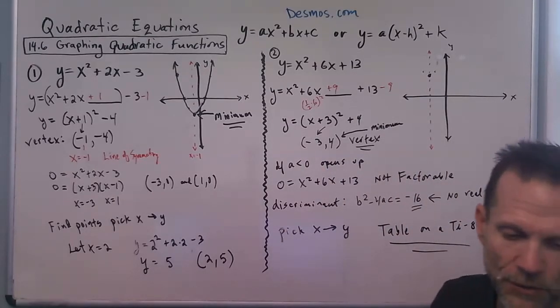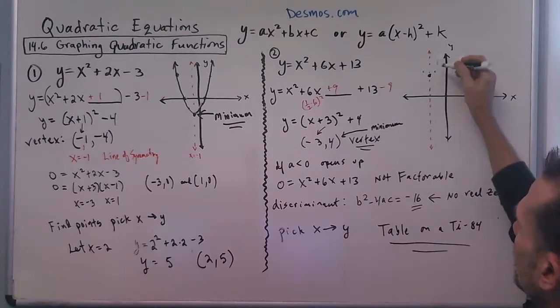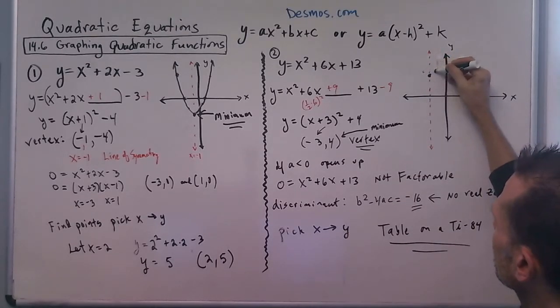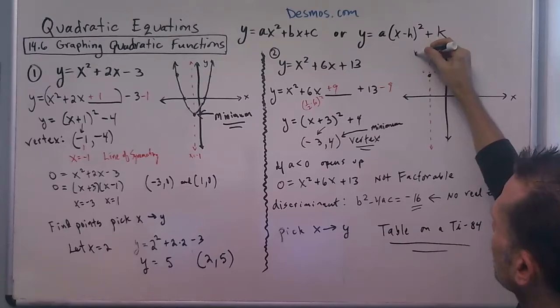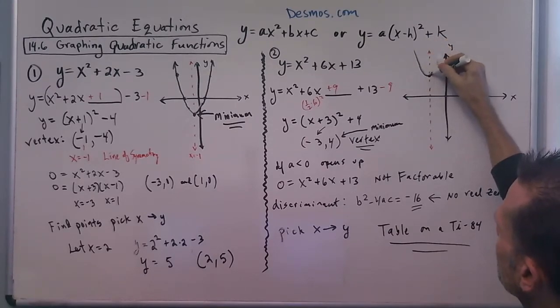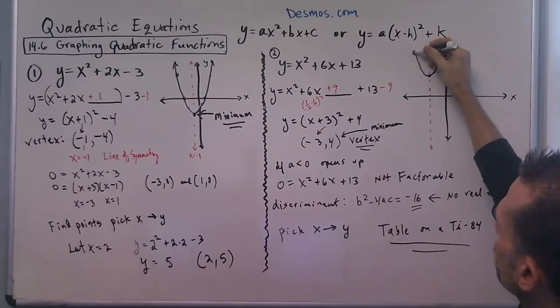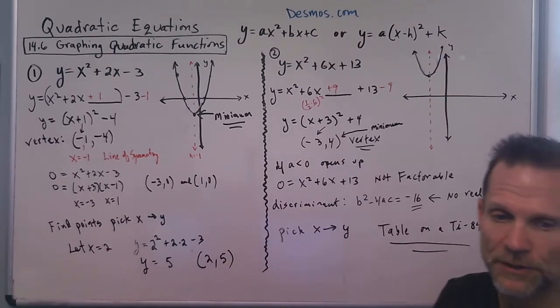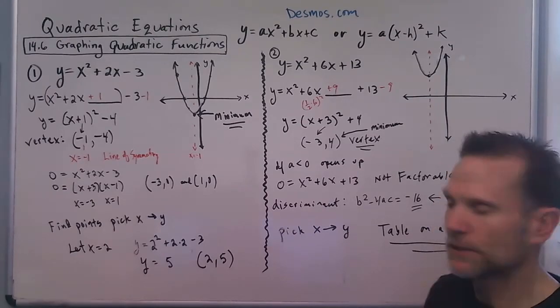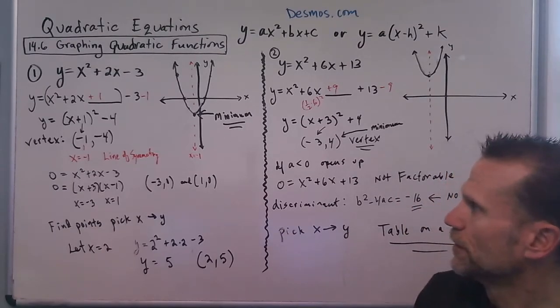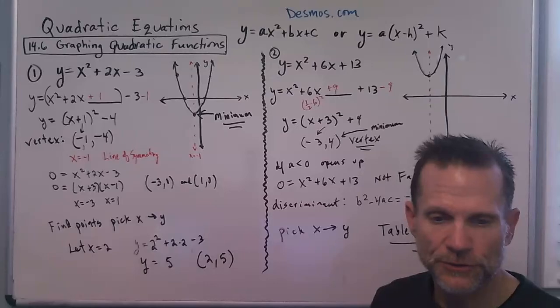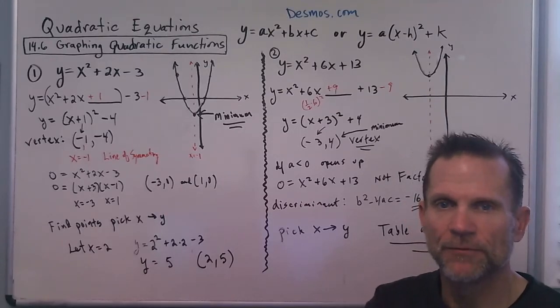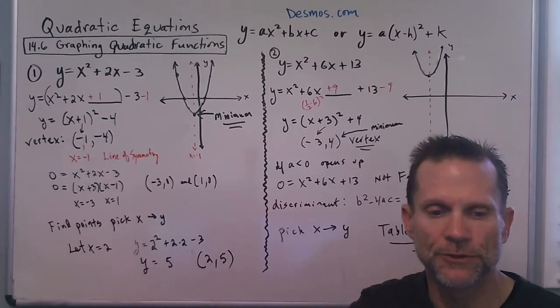I already know what's going to happen because I've done that, and I get a parabola that opens up here, and it has our standard shape because our a value is equal to 1. So hopefully that helps a little, and we'll look at 2 more examples. It was kind of quick, but use the note sheet that I have written out for you also, and explore on YouTube a little bit.